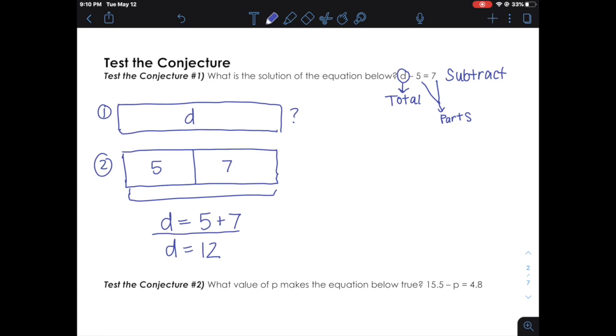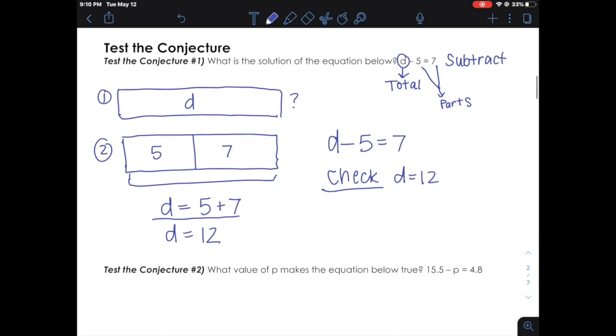All right, so I need to come back to check my work and plug it into my original expression, which was d minus 5 equals 7. So let's check when d equals 12. So 12 minus 5 equals 7. 12 minus 5 is 7, and 7 equals 7, so this is correct.